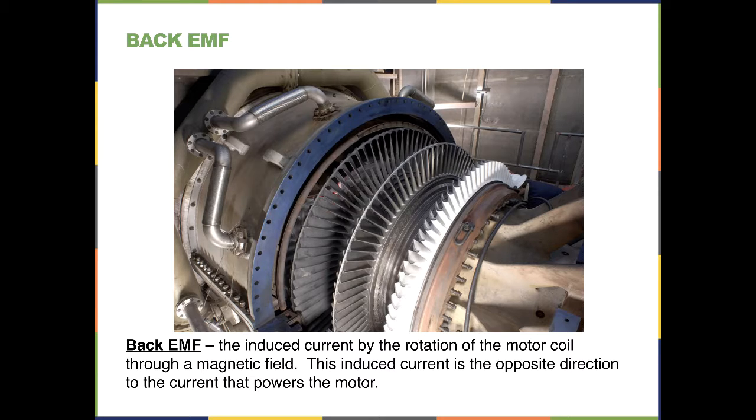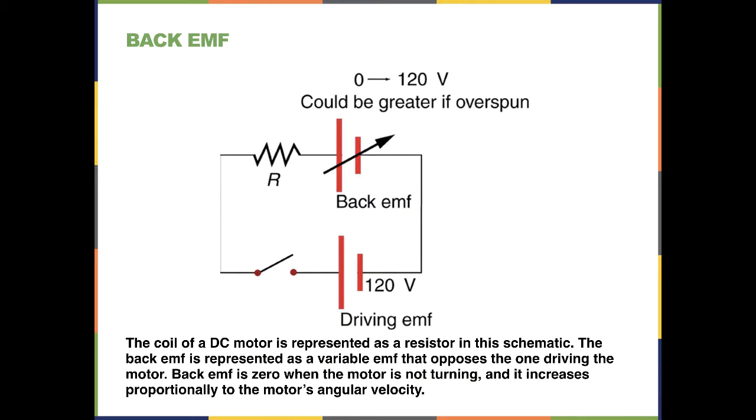And so that's why it's called a back EMF. The coil of a DC motor, direct current motor, is represented by a resistor in this scheme. The back EMF is represented as a variable EMF that opposes the one that's driving the motor, and so it's in the opposite direction.